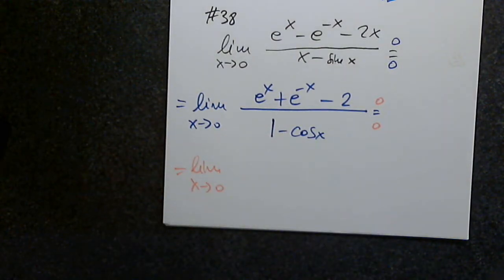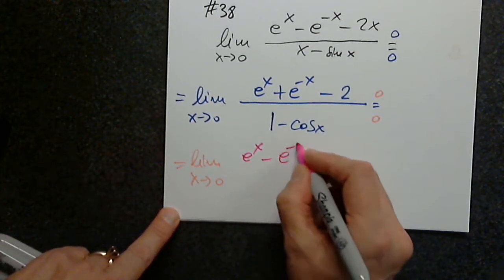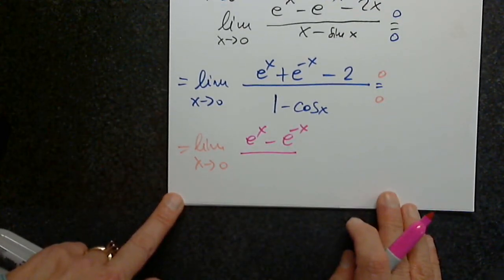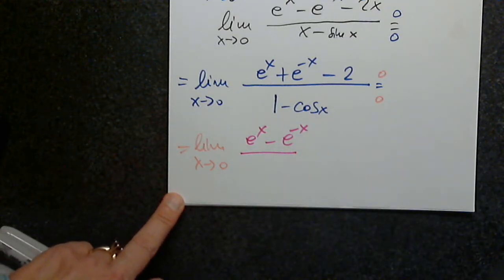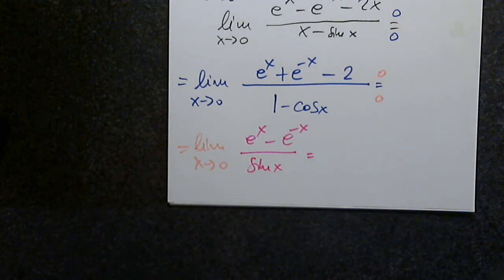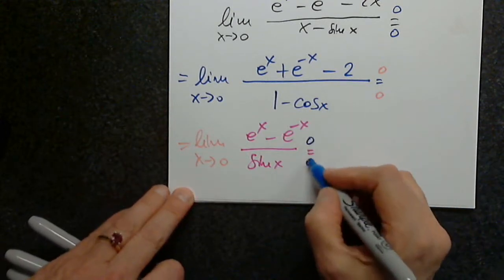So what do we get at the top? Yes, e to the x. Yes, e to the -x. Everything divided by? Very good, because cosine prime is negative sine x, with minus in front. Excellent. Well done. Now what? I plug in again. What do I get? Yeah.